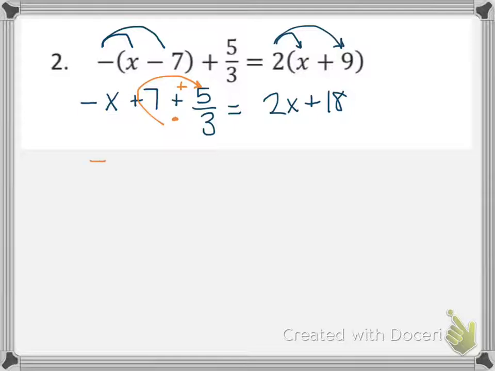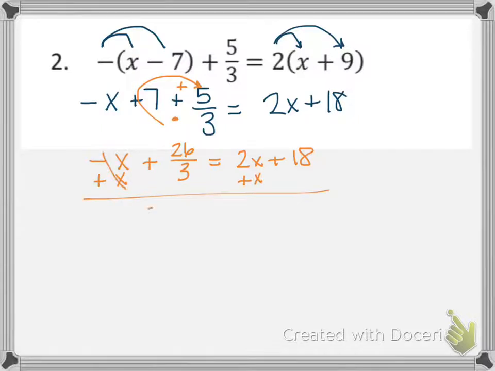So I have negative x plus 26/3 is equal to 2x plus 18. And then I can get my variables all on the same side by adding 1x, and that gives me 26/3 is equal to 3x plus 18.